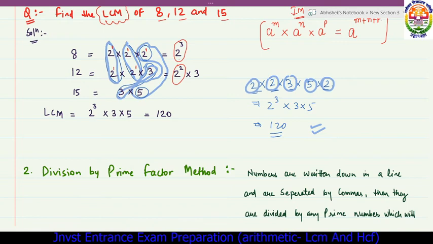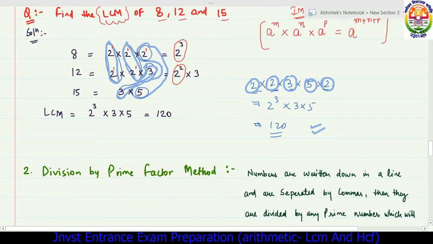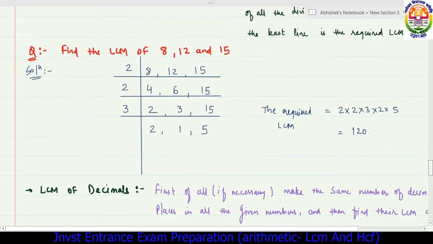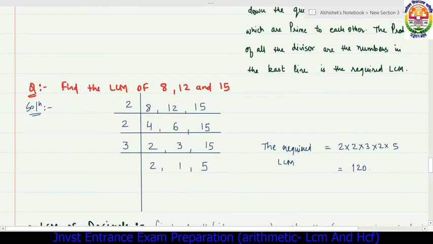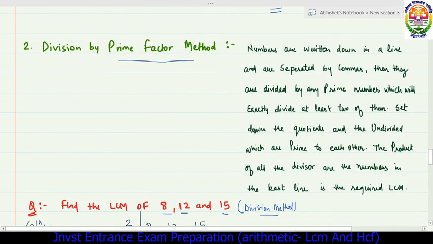Now the second method, which is the most asked method in the examination, that is the division by prime factorization method. Again the same example, but in the division method. First, the numbers are written in a line separated by commas.